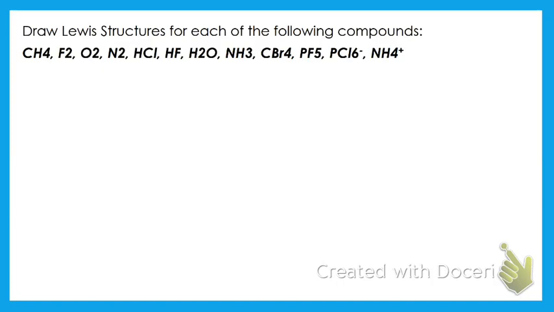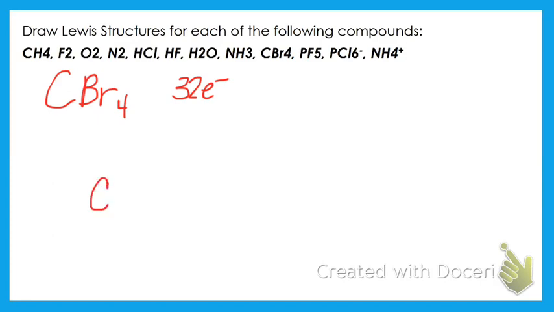CBr4. Carbon tetrabromide. How many total electrons do I need? 32. Good job, 32. You need 7 times 4 is 28 plus the 4 for carbon.